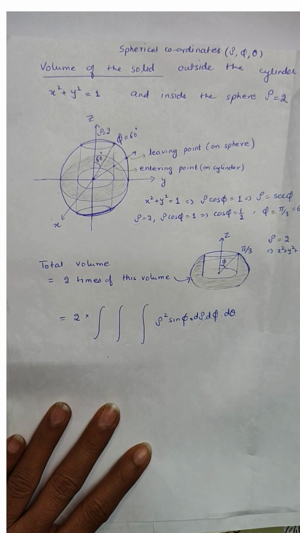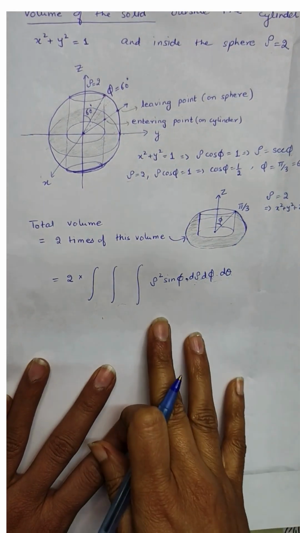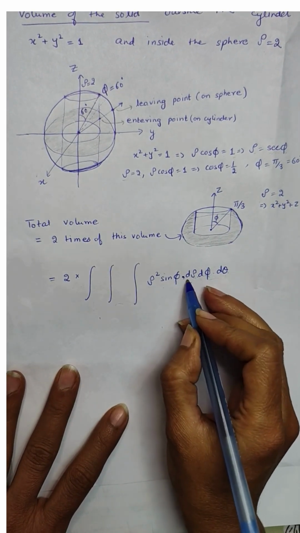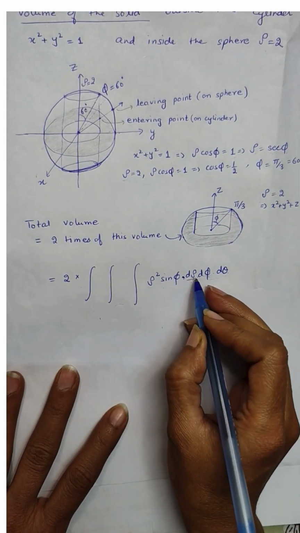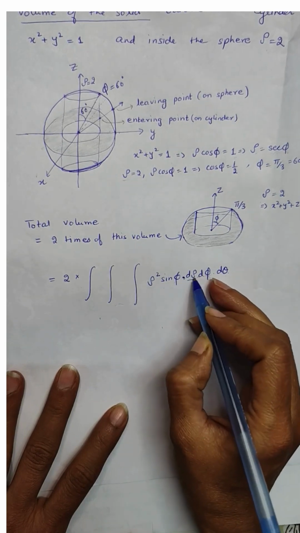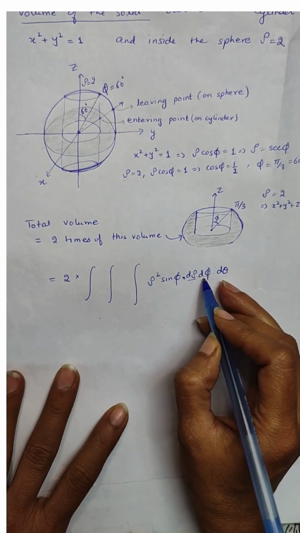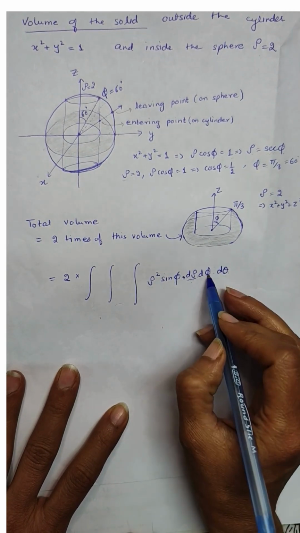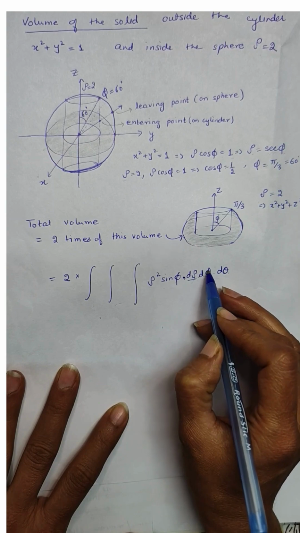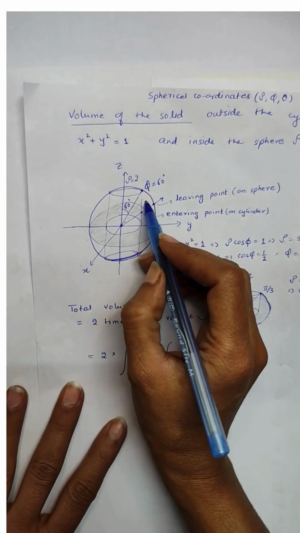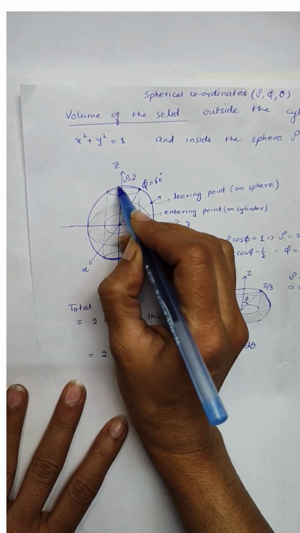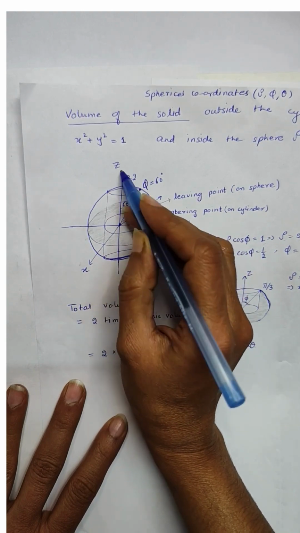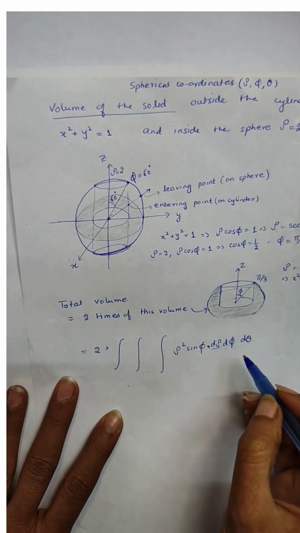Alright, so now we are ready to set up the limits of integration. We have the Jacobian, and we integrate with respect to rho first. To do that, we fix the other two variables, phi and theta. When we fix phi, we are on the collection of all the points on this hollow cone whose axis is the z-axis.